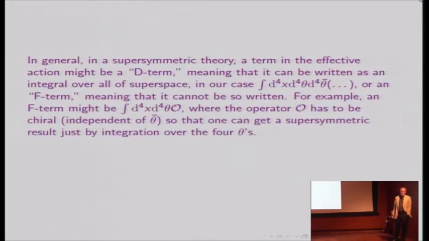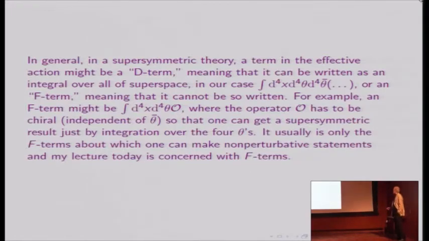Conversely, if O is independent of the theta bars, you'd get 0 if you tried to integrate over them, because of the basic rule of fermion integrals, that the integral over theta bar of a function that doesn't depend on theta bar is 0. So chiral interactions, or F terms like this one, correspond to chiral superfields, operators that don't depend on the theta bars.